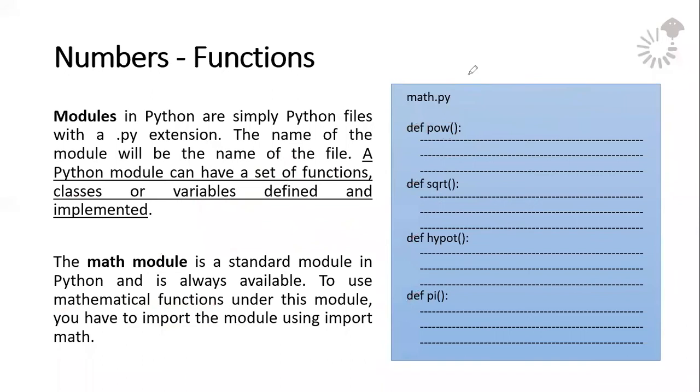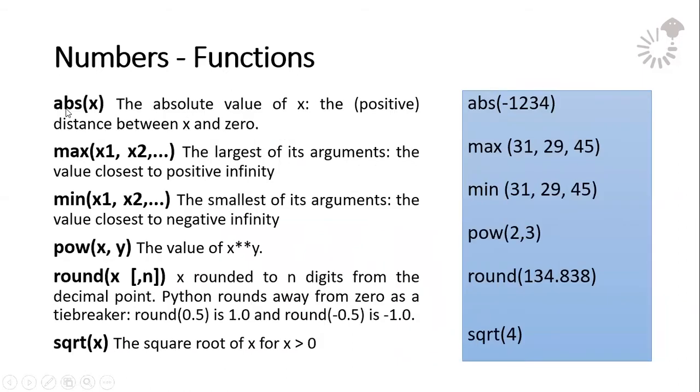So we will discuss or focus on math functions first. So these are just a few of the math functions available in Python. So we have ABS or absolute, max, maximum, minimum, power, round, and square root.